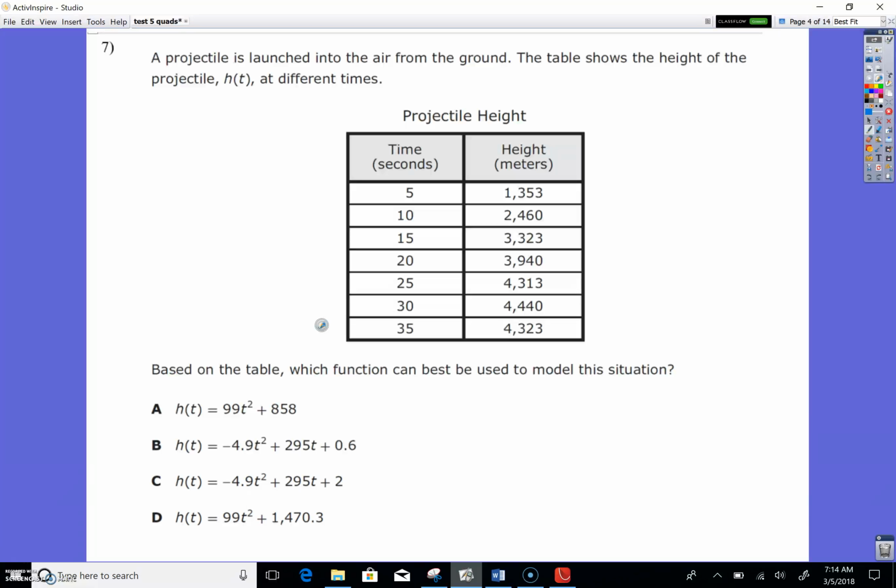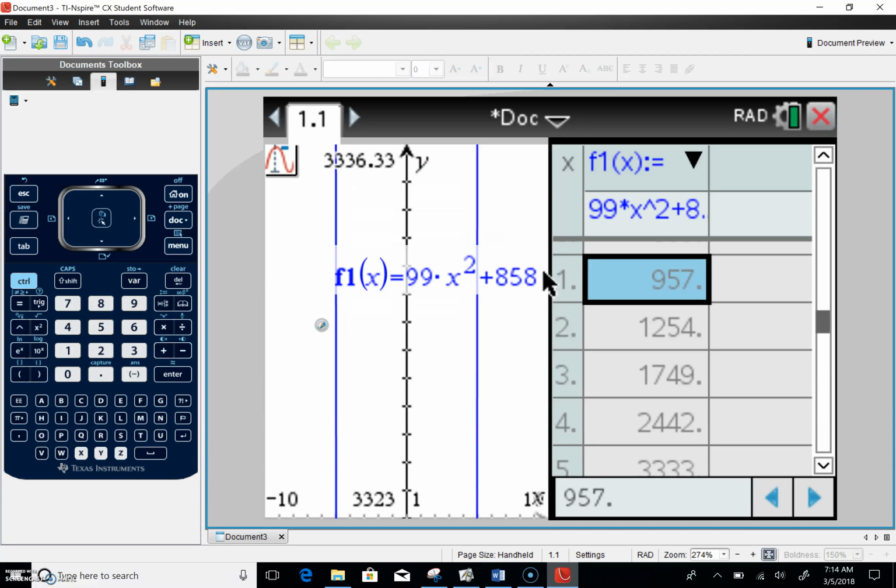Negative 4.9t squared plus 295t plus 0.6.